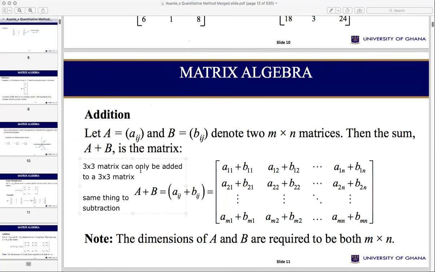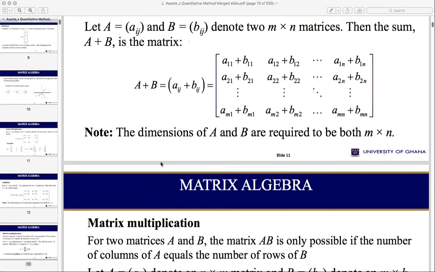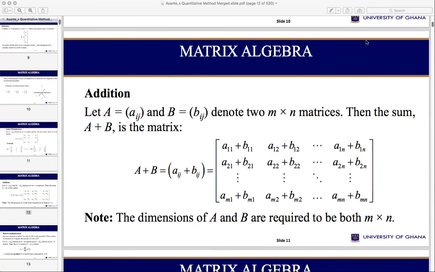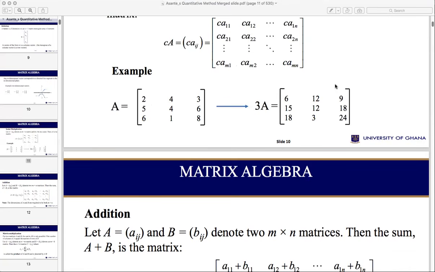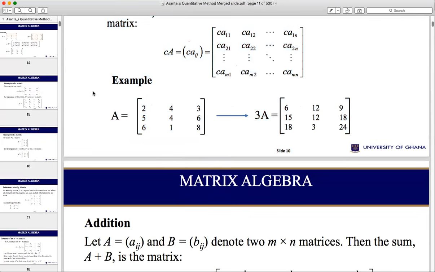So if we have something like this, for example, this is a 3 by 3 matrix. It can be added to this without any problem.